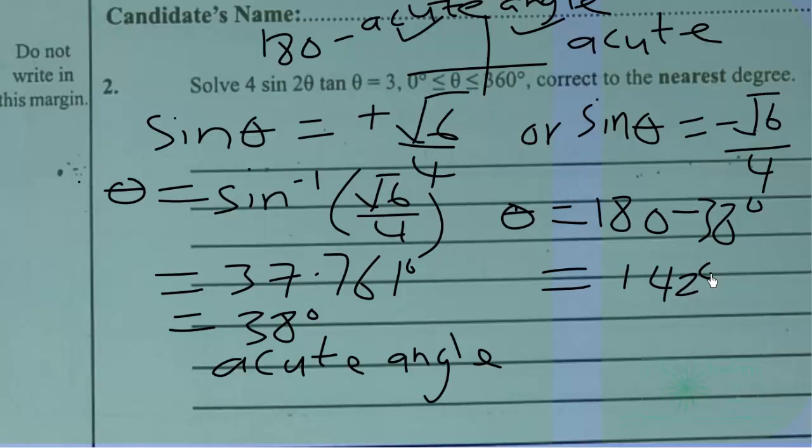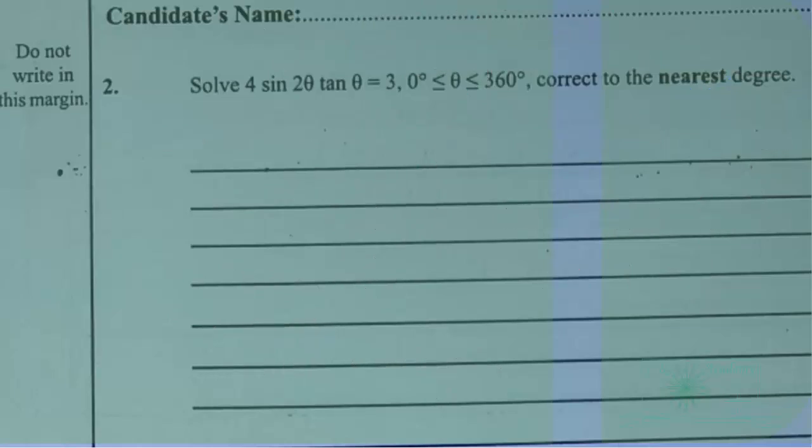Then for the negative value of sine theta, we'll have sine theta equal to negative root 6 over 4. So what it is telling us is that theta is now in the fourth and the third quadrant.